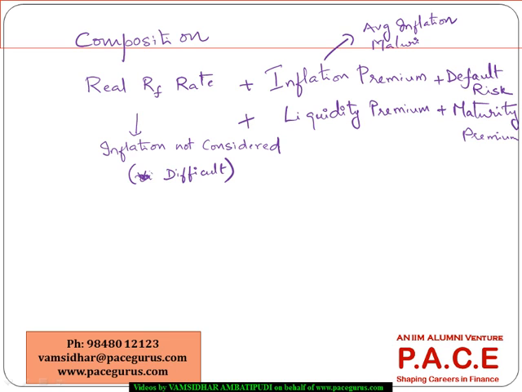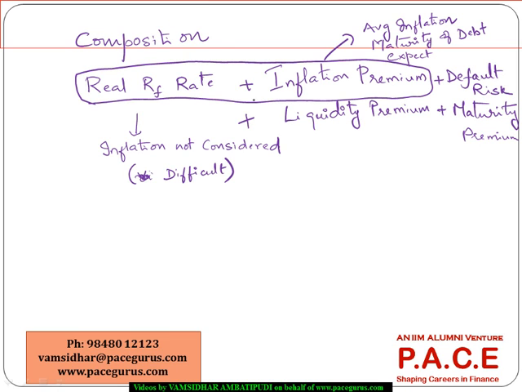So if the debt is a 3-month debt or a 6-month debt or a 5-year loan, whatever it is, during the maturity of that, whatever is the average inflation that we are going to expect during that particular period, that is what is being added to the real risk-free rate, and only this much alone is called the nominal risk-free rate. No other risks being added, no other premiums being added.